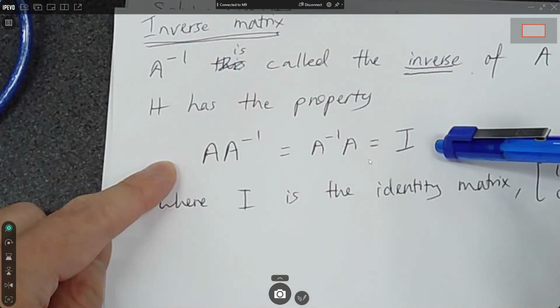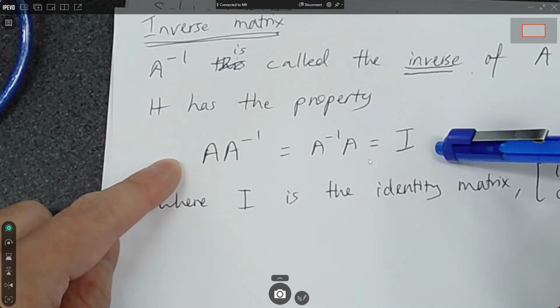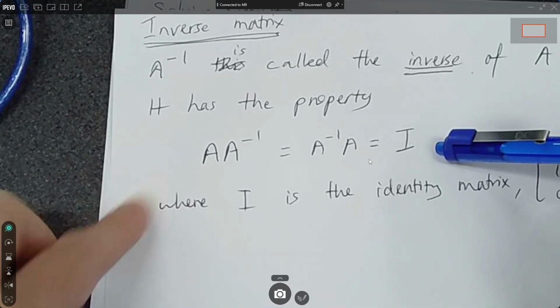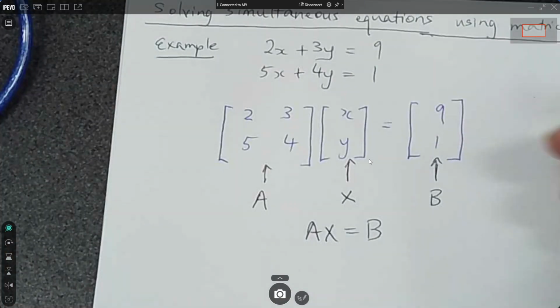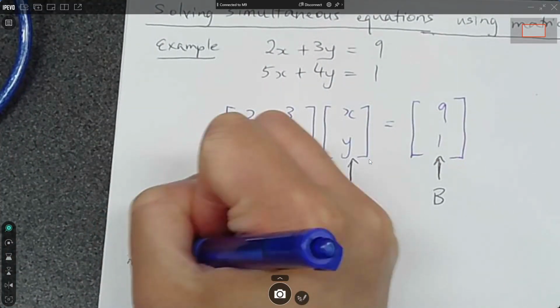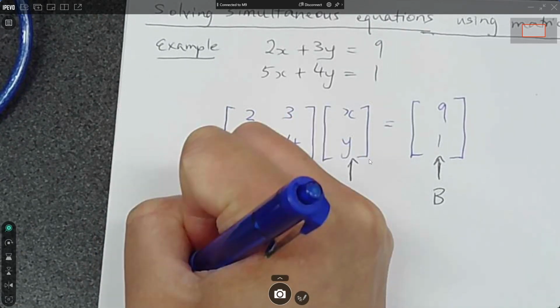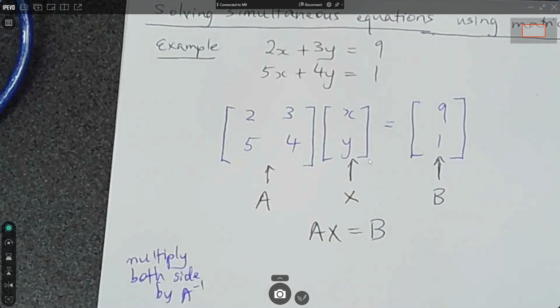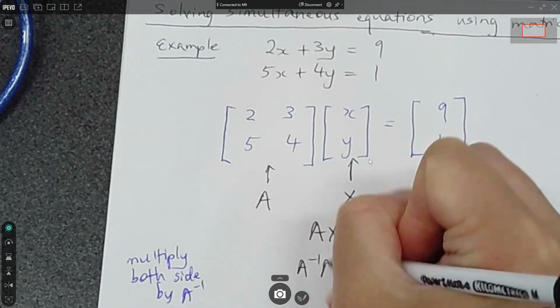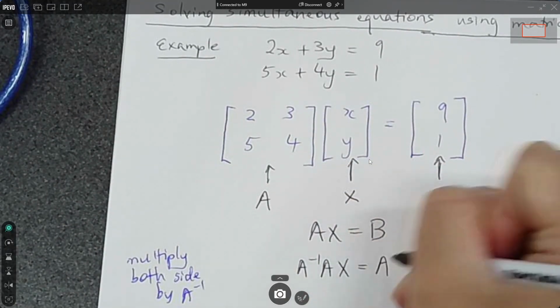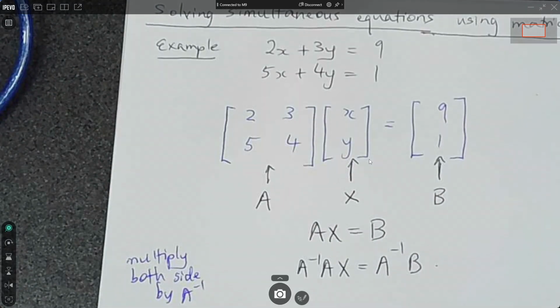If I multiply a matrix by its inverse, I get the identity matrix. So if I multiply both sides by A inverse, I will get this. Is that okay? So I've multiplied by A inverse on the left.